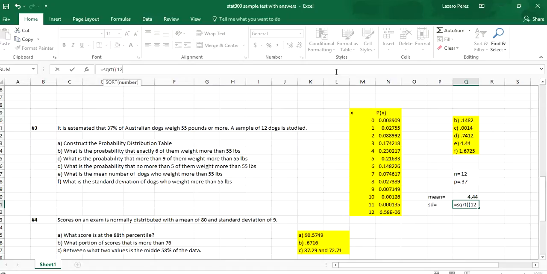So 12 times p, 0.37, times 1 minus 0.37.